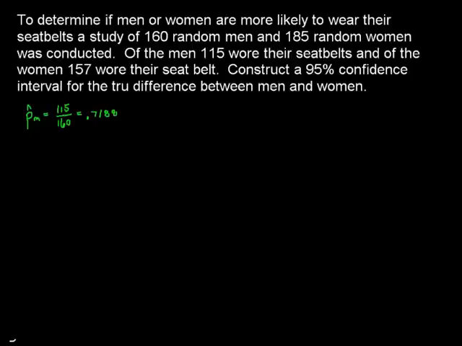And we also need a p hat for the second sample, and I'll use a little f there for females, or you could use a w for women if you would like. And that was 157 out of 185. So that's 157 divided by 185, and that is 0.8486.